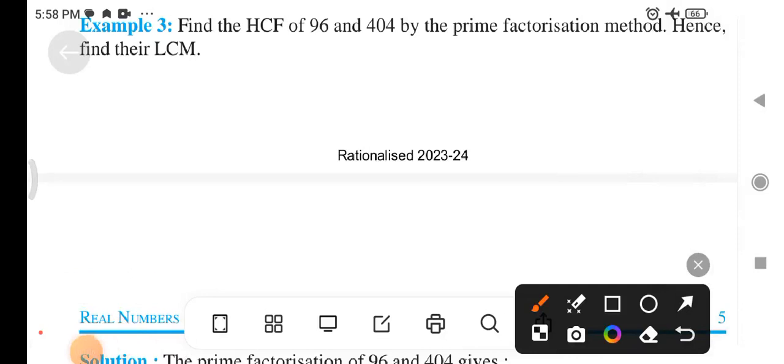Find the HCF of 96 and 404 by the prime factorization method and find their LCM.